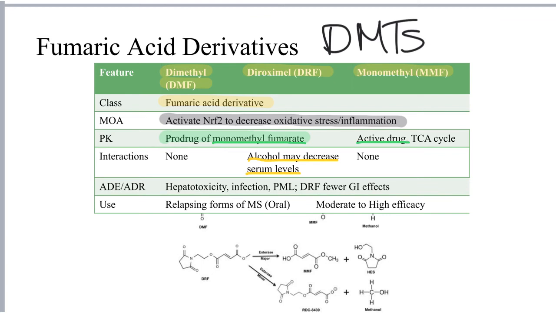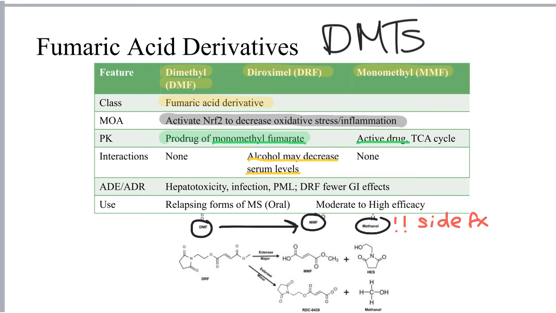Dimethyl fumarate is metabolized to the active drug monomethyl fumarate with the formation of methanol. One of the reasons that this drug can cause hepatotoxicity and GI side effects is because of the formation of high quantities of this methanol metabolite.